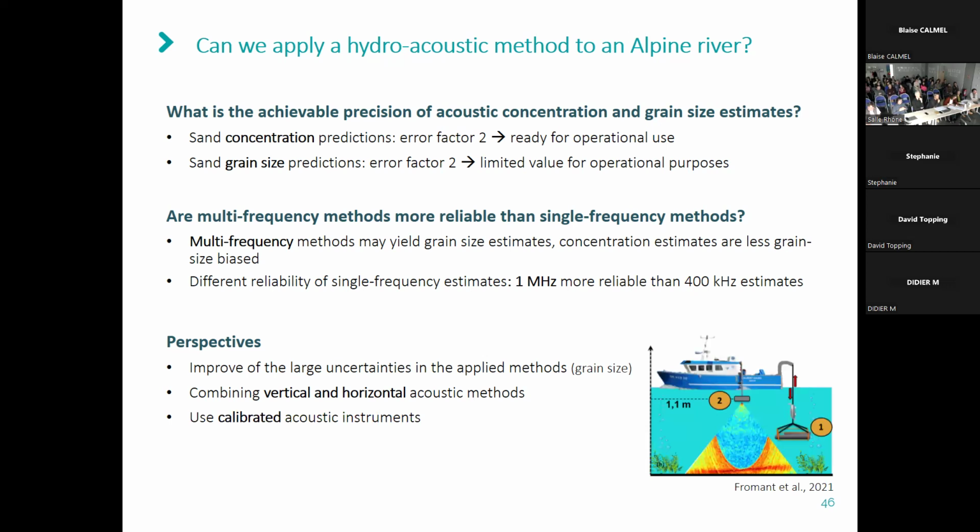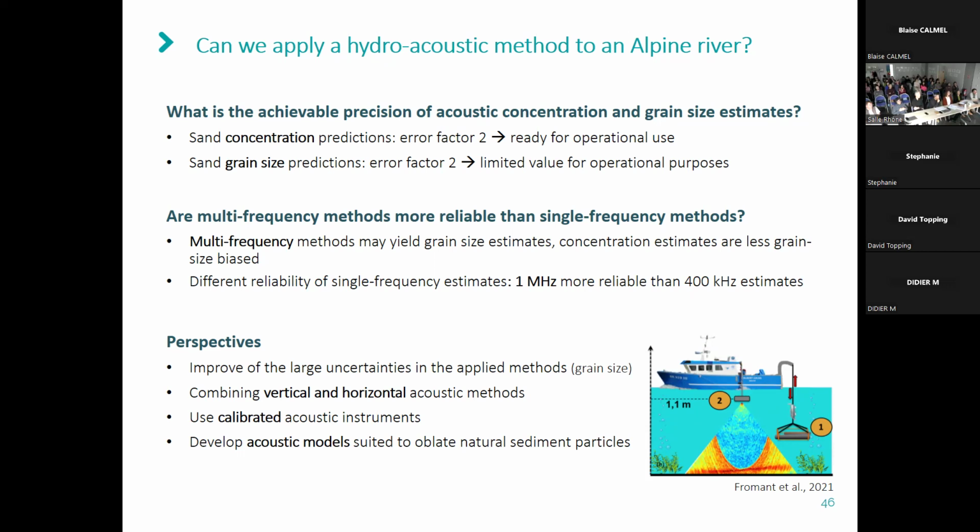As well, use calibrated acoustic instruments like at the Grenoble Campus, which may help to also decrease the sampling effort in the field. And at a larger scale or longer time scale, acoustic models are necessary that are adjusted and suited to natural sediment particles as we can find them in our fine sediments in rivers.